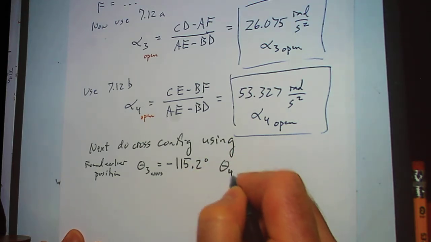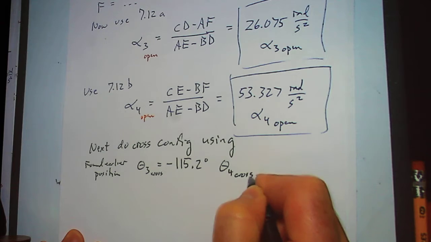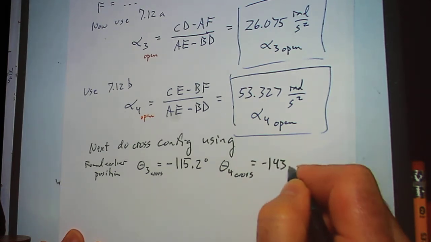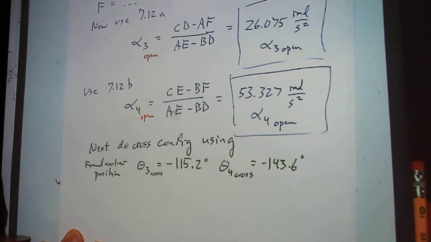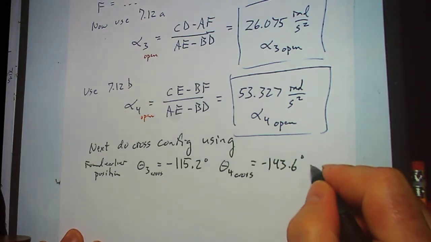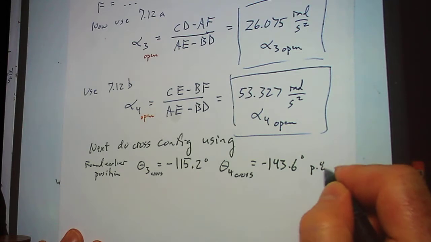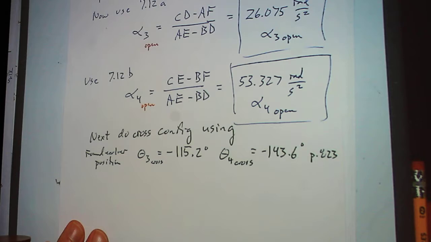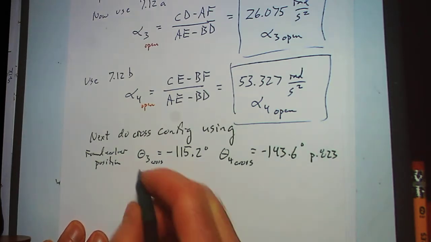Theta 4 cross is equal to minus 143.6 degrees. And again, if you don't have that old homework, you can look back in the back of the book to find what those values were.